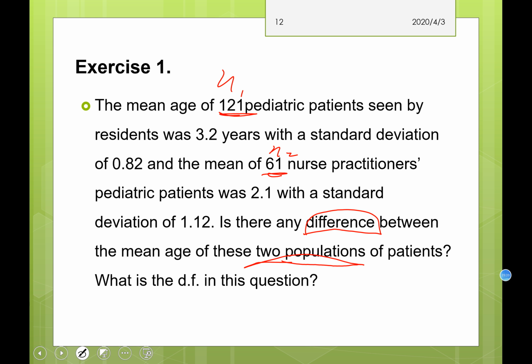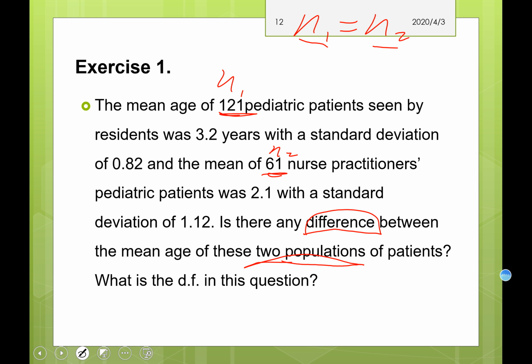Another thing that is very interesting. Do you remember that in paired design, we have 2 samples, and n1 and n2 are the sample sizes of the 2 samples. So if the two samples are matched, what is the relationship between n1 and n2? Yes, if the two samples are matched, these two sample sizes must be the same, right?